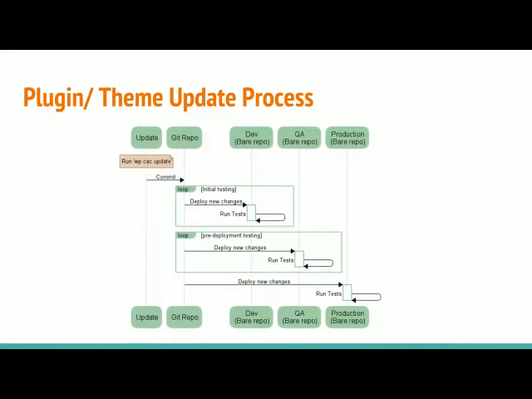So the way it looks is that you initially try to deploy these changes to the dev environment and run some tests. We're also trying to come up with our own automated tests, something similar to the unit tests that WordPress itself provides, but also expanding that functionality to our custom requirements.